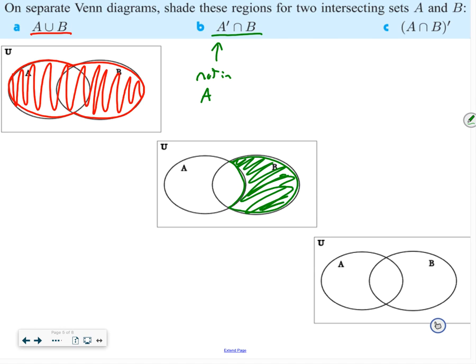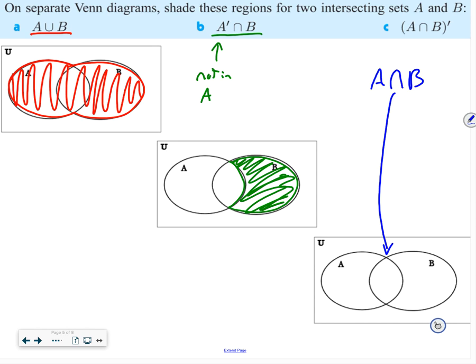And the last one here, we look at A intersect B but not in that. Well, I know A intersect B would be this middle region right here.